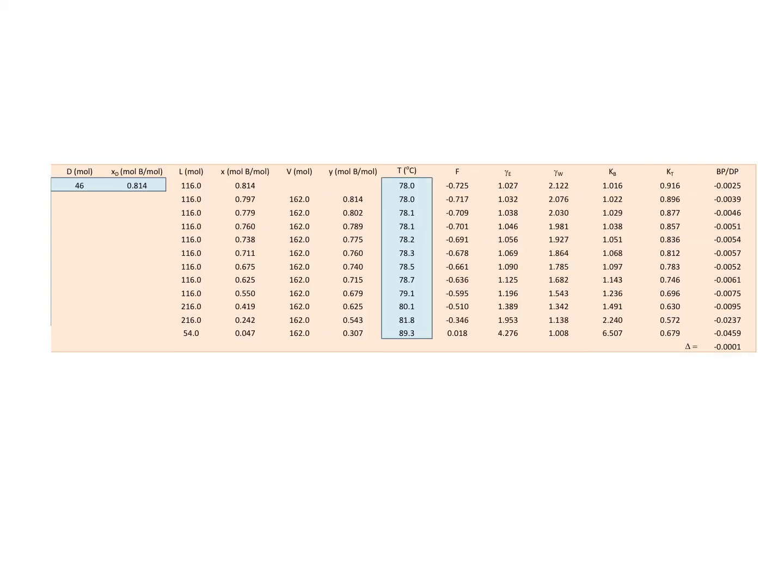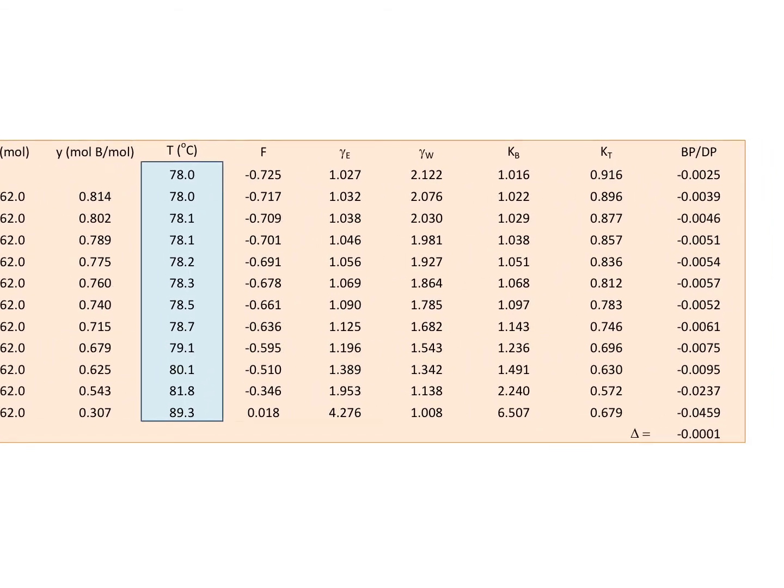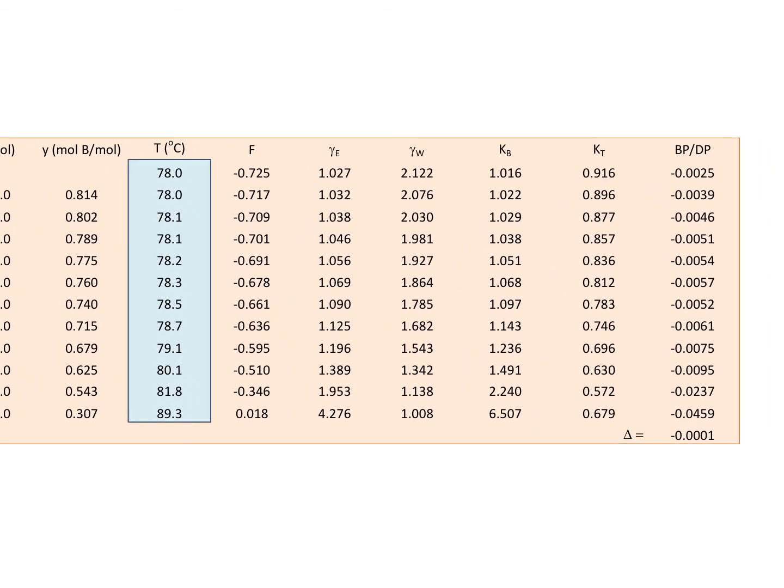So here's what it looks like after the first iteration. Let's zoom in here. The bubble points were all set equal to 0 by changing the temperatures.